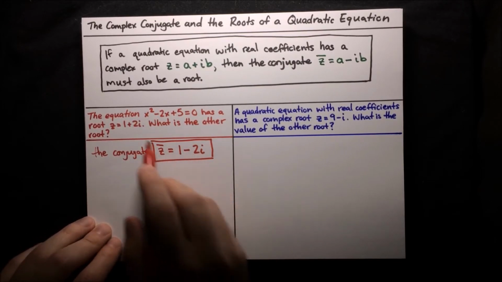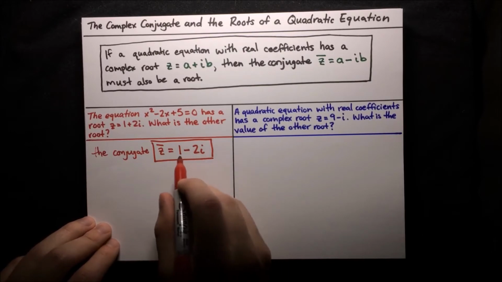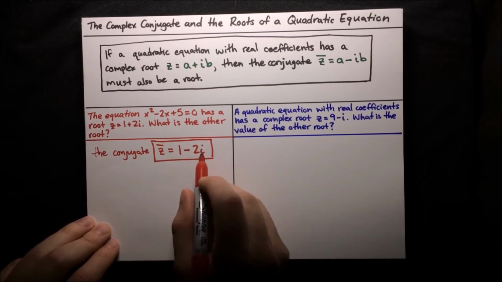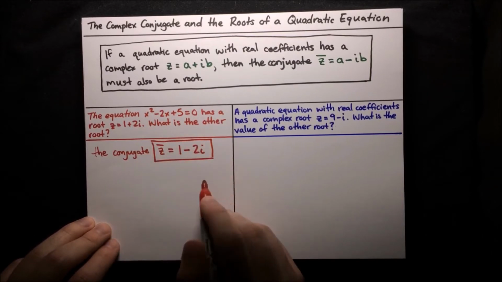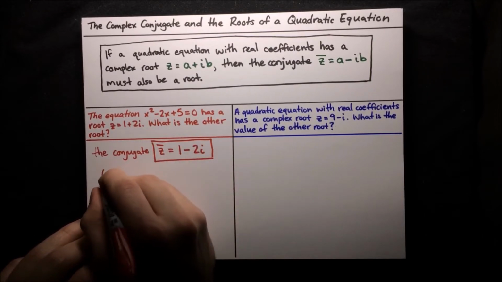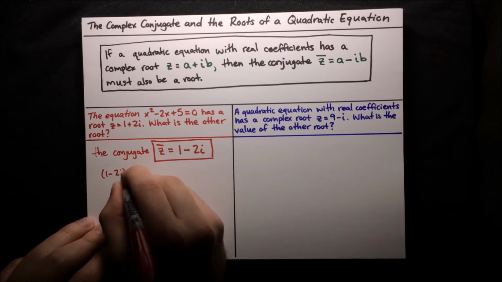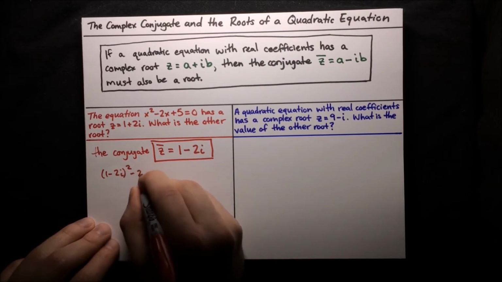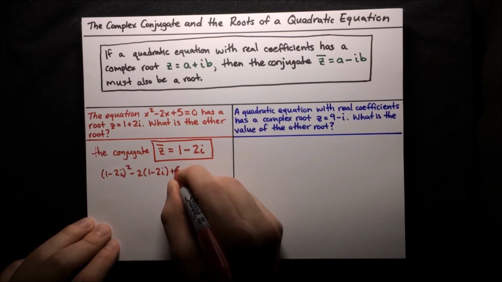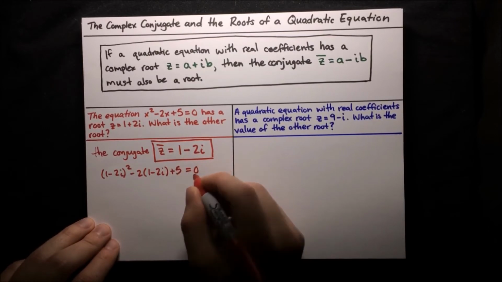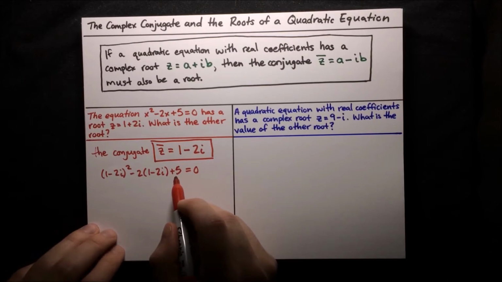Why don't we just verify it in this equation here? If we plug in this other supposed root, we should see that it makes this left-hand side of the equation go to 0. Let's go ahead and do that. So (1 minus 2i) squared minus 2 times (1 minus 2i) plus 5 equals 0. Let's go ahead and simplify this and see if that's true.